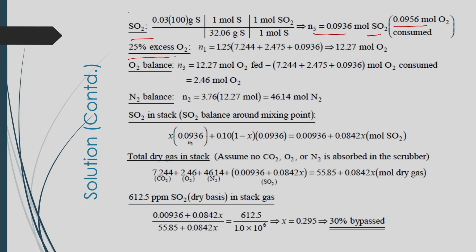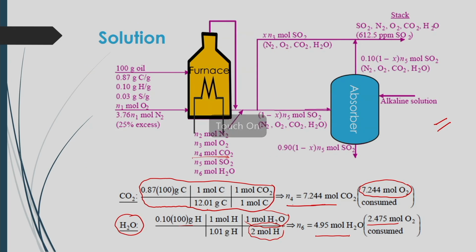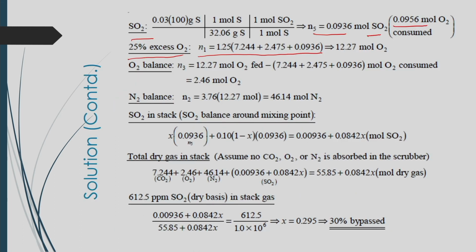Now, since there is 25% excess of oxygen, we can say that this N1 will be equal to the moles of oxygen supplied to the furnace. So, that N1 can be calculated.